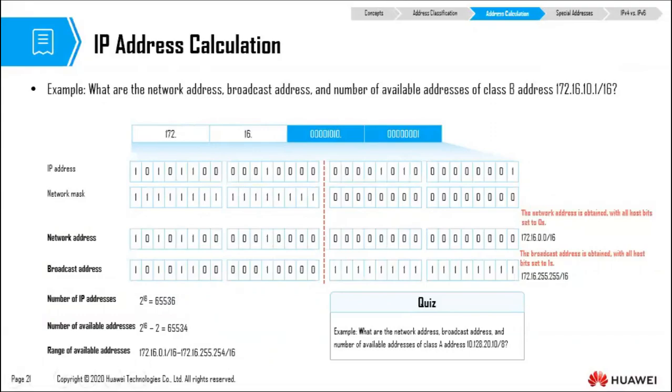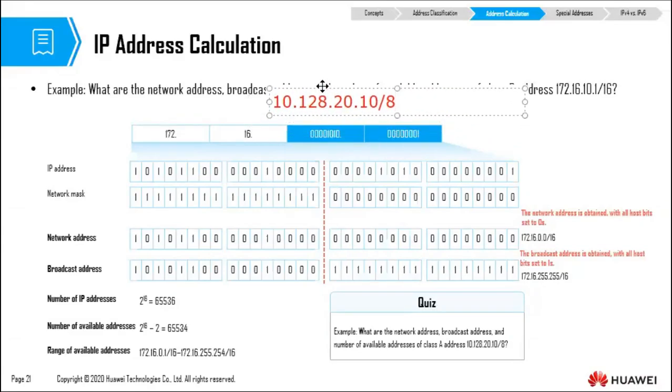Okay, so we have a quiz here. We have a quiz that I want you to attempt. Then you can give me the answer. You make sure you find all this. I want you to find the network address, broadcast address, number of addresses, number of available addresses, and range of addresses. So you've been given the IP 128.20.10/8. So can we work on that? We want to find the network address.